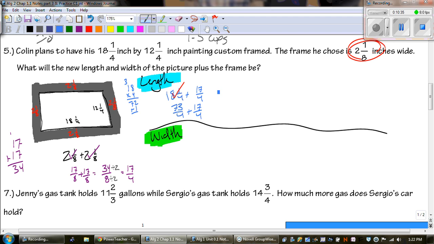Okay. And remember, if you're having trouble, just add it up off to the side. So that equals 90 over 4, and we always want to check, can we reduce? Well, both of those numbers are even, so I can divide them by 2. And we get our answer of 45 over 2, and that's inches.